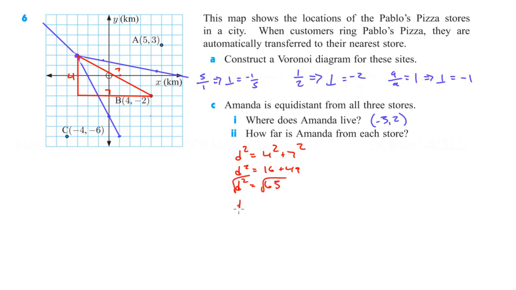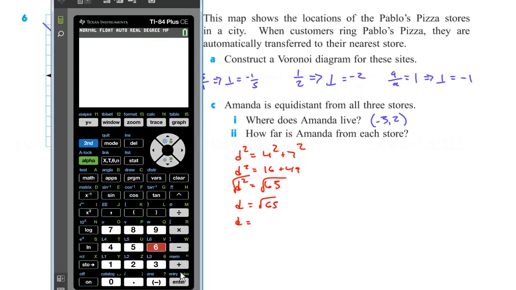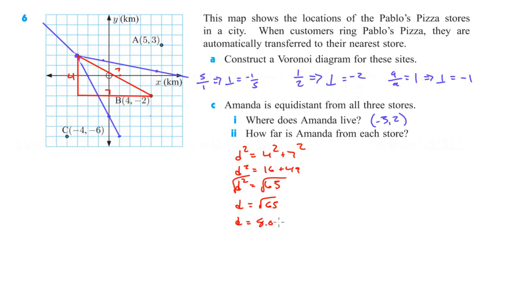So we square root both sides, and D is going to be the square root of 65. I don't like it when we have a square root number, so I'm going to figure out what that is. Square root of 65 gives us 8.06. And what is this in? Oh, kilometers. 8.06 kilometers from each store.